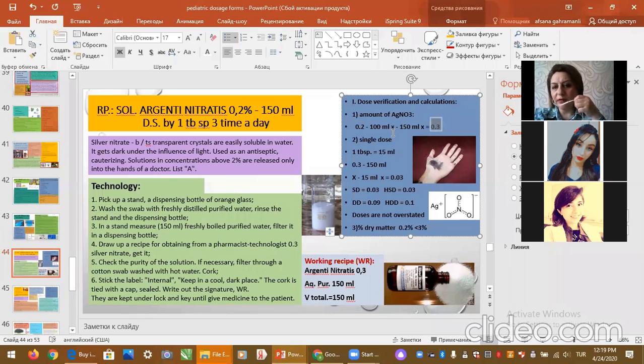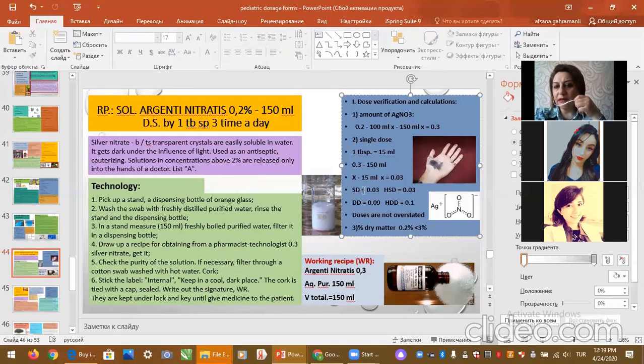Because if 100 ml contains 0.2, 150 contains 0.3. And for calculating a single dose, you must divide this 0.3 by 15 ml, because 1 tablespoon contains 15 ml of water. Yes?